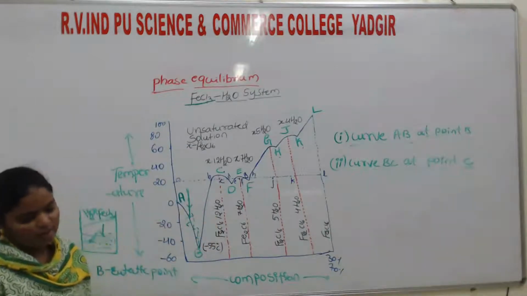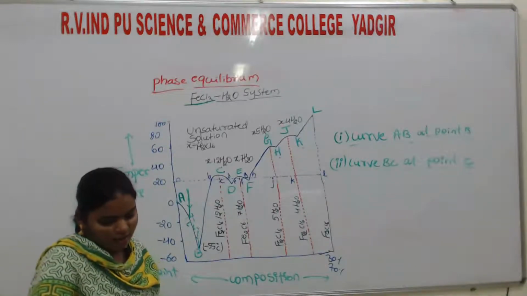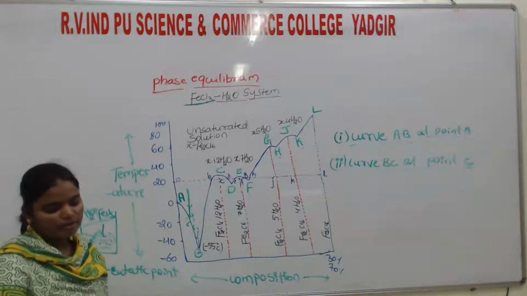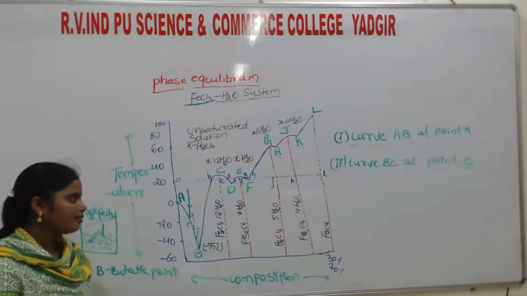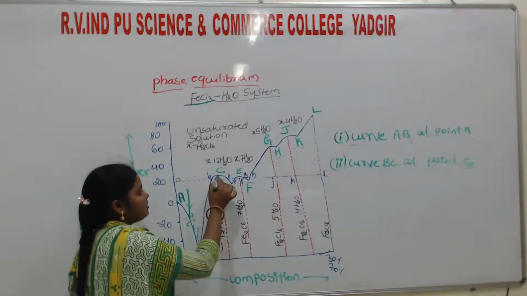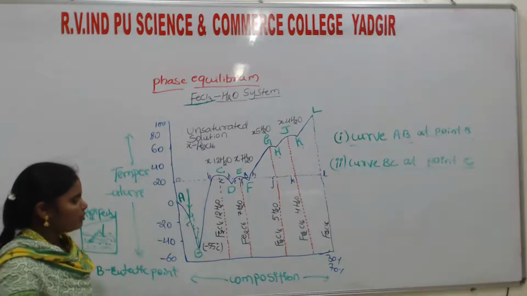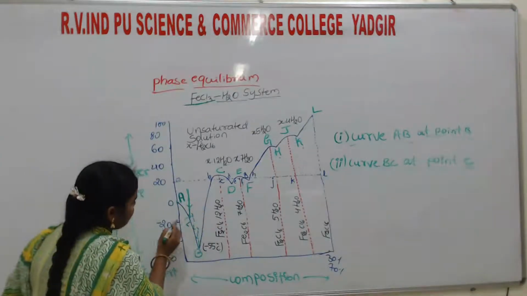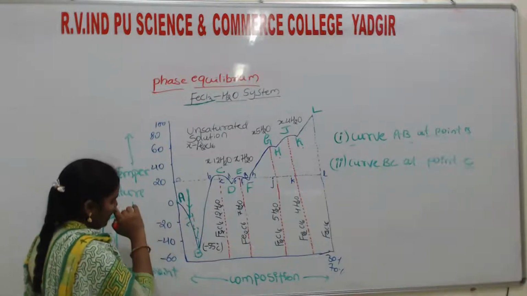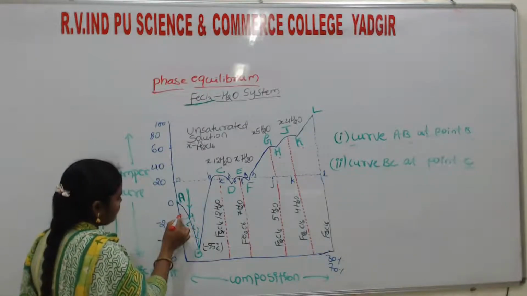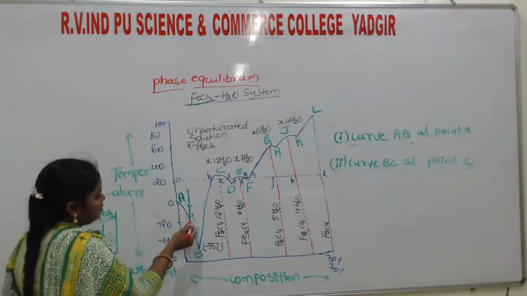Here at this point the saturated solution has the same composition as that of the solid Fe2Cl6 12H2O. The point C represents a congruent melting point. Here C represents the congruent melting point of this Fe2Cl6 12H2O. You see here, this curve is a freezing curve.